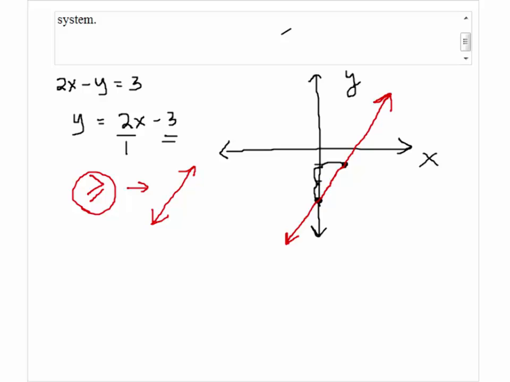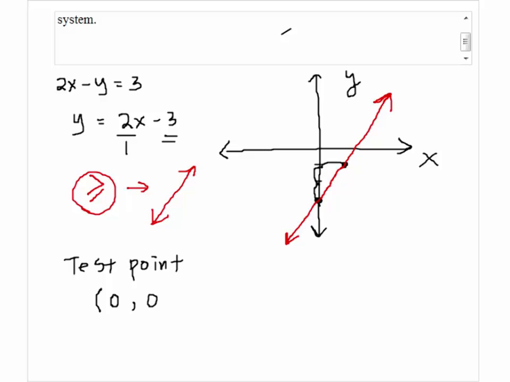Now we have to determine which side we are going to shade. To determine which side to shade, we're going to choose what is called a test point. A test point could be any point that is not on the line, which is in this case the red line that I drew.